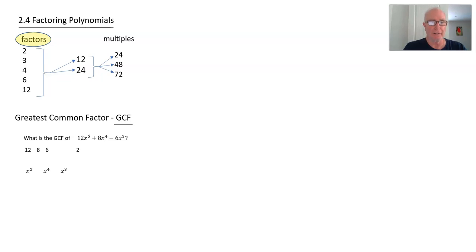Now I want to look at the variables. X to the fifth, x to the fourth, x to the third. What goes into all of those? Well, obviously x does, but the greatest common factor is x to the third.